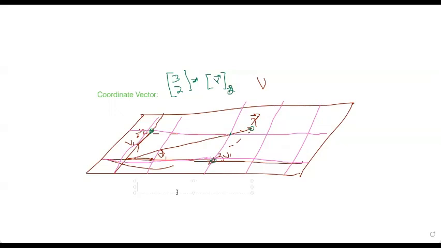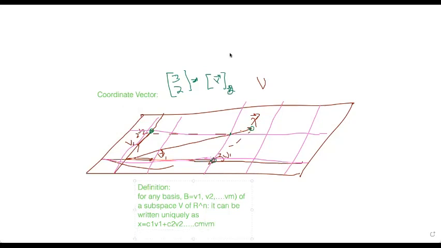So this, of course, leads us to a definition. For any basis, 𝓥 equals v1, v2 through vm, of a subspace V of Rn, x can be written uniquely as x equals c1 v1 plus c2 v2 all the way out to cm vm.